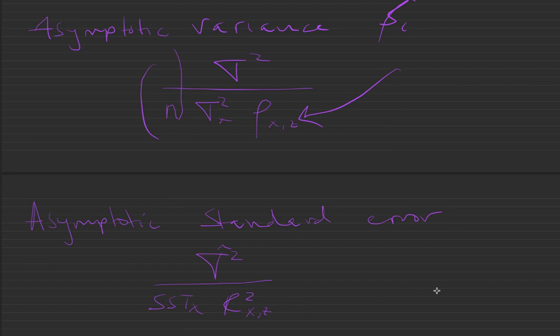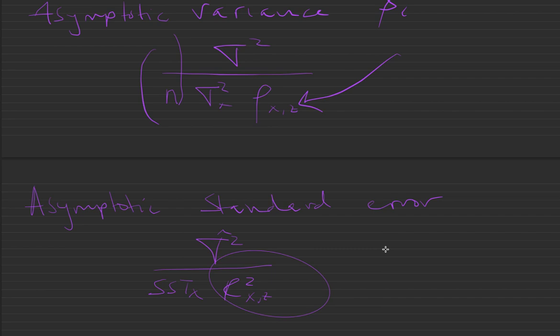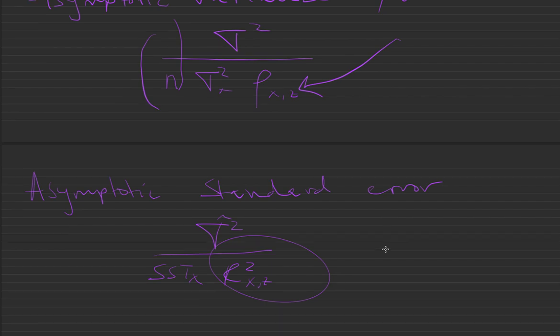Observe that this standard error differs from the OLS standard error by the inclusion of this coefficient of determination. And this coefficient of determination will always be less than 1, which means that the asymptotic standard error for the instrumental variables case will always be larger than OLS.